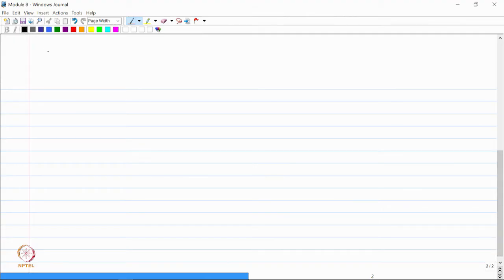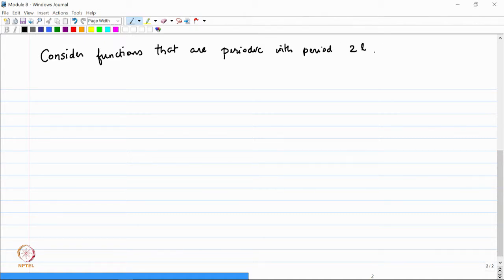Now, consider functions that are periodic with period 2L such that f of x is equal to f of x plus 2L. So this is a periodic function, the period is 2L. So what does a periodic function look like?